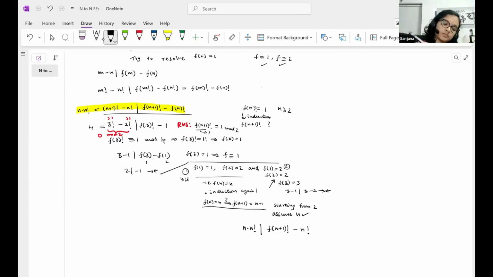Now, this is essentially saying that f of n plus 1 is congruent to n factorial mod this.